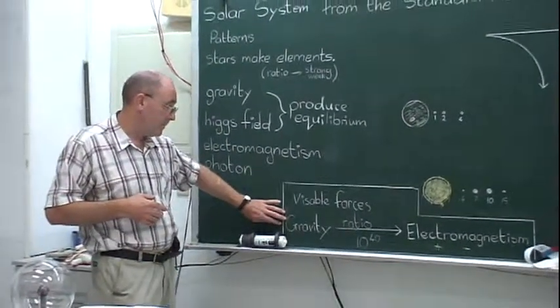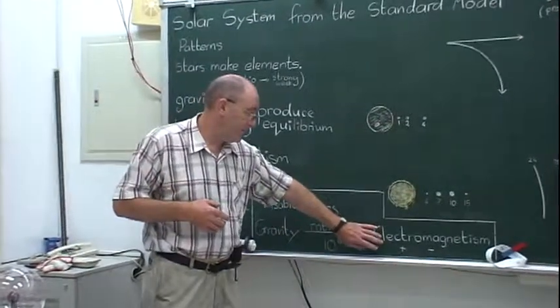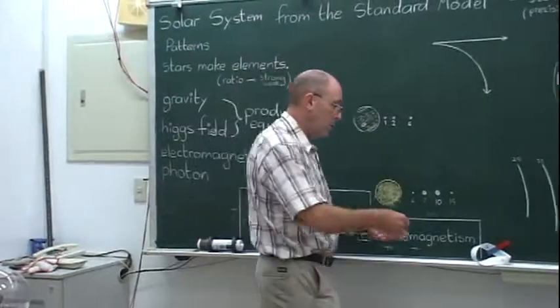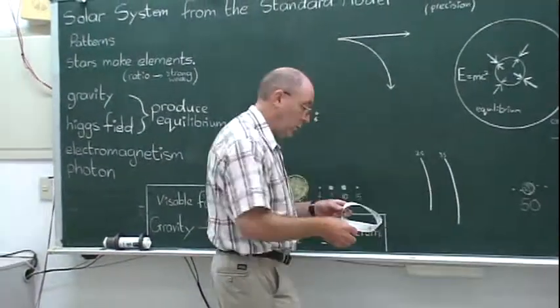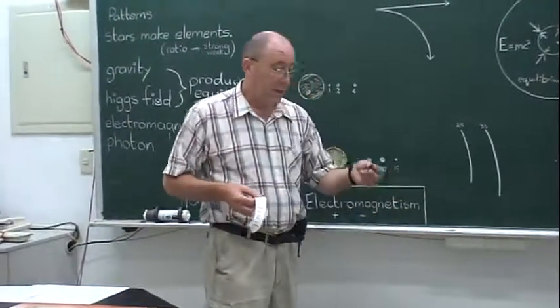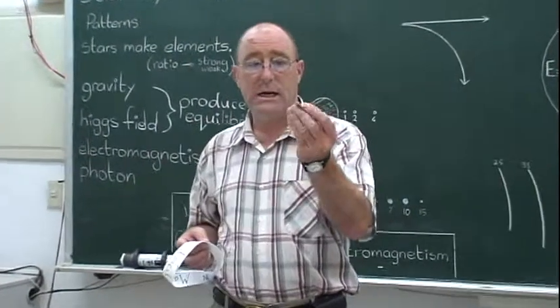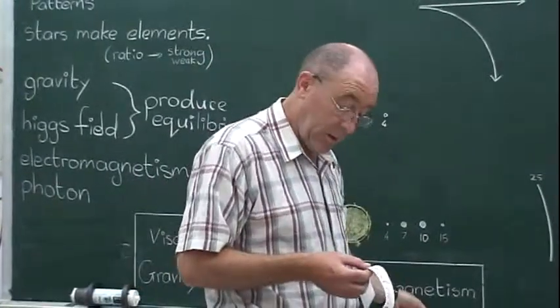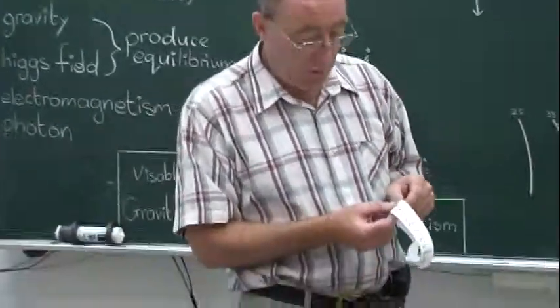Gravity and electromagnetism. We call it electromagnetism because it's really one force with two faces. It's like looking at a coin. I can look at this side or I can look at this side, but I can't look at them both at the same time. I teach it to the children using a Mobius strip.